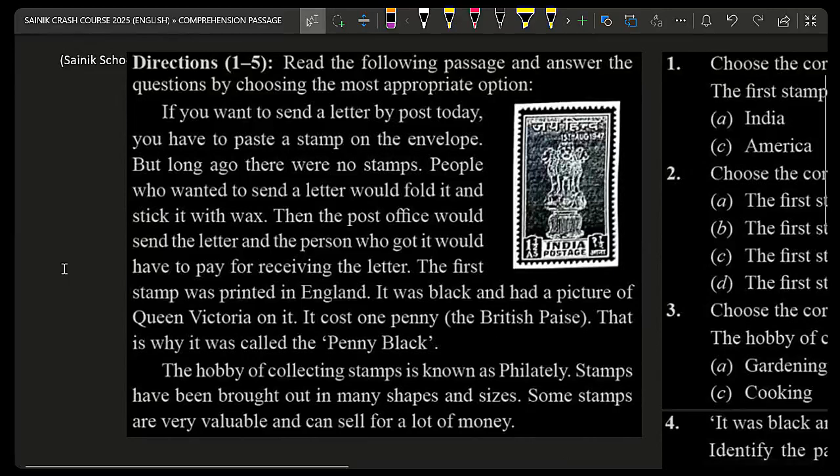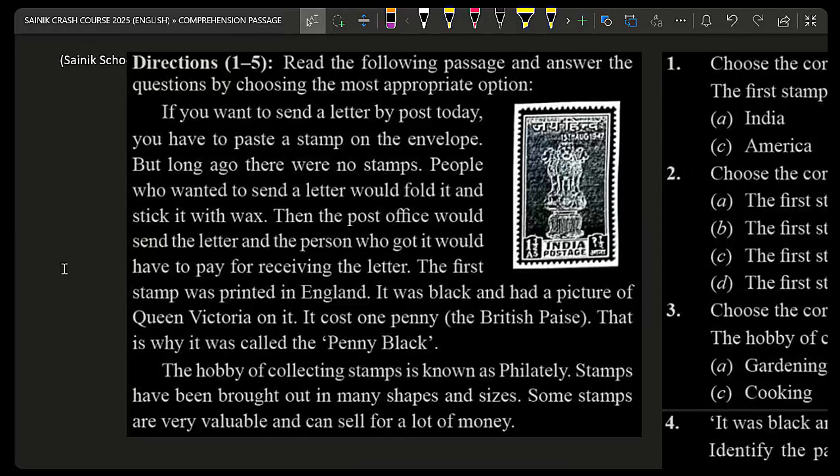If you want to send a letter by post today, you have to paste a stamp on the envelope. But long ago there were no stamps. Paste, stamp paste, P-A-S-T-E.